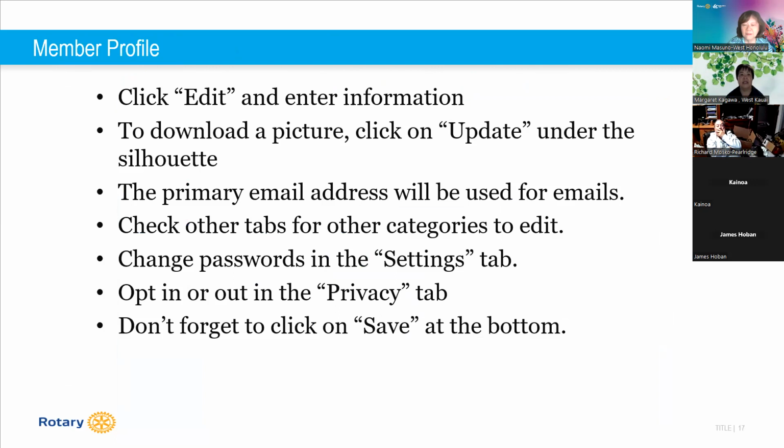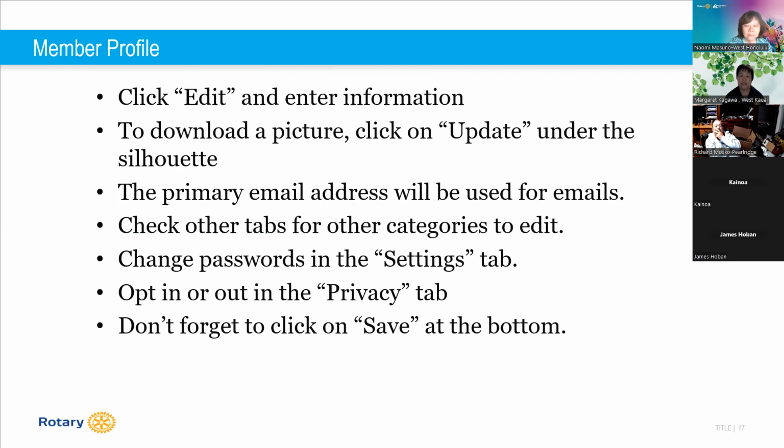Click and enter information. You can download a picture, click on update under the silhouette. The primary email address will be the one that's used for communication through email. And check the other tabs for other categories you can edit, and change passwords under settings.